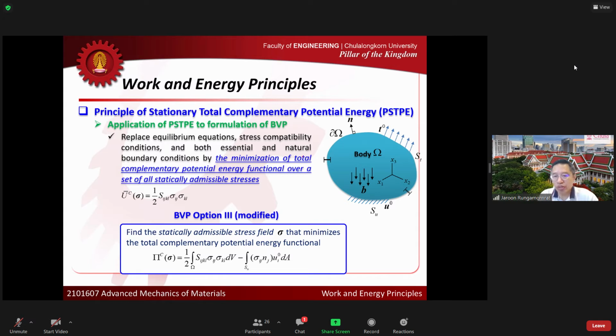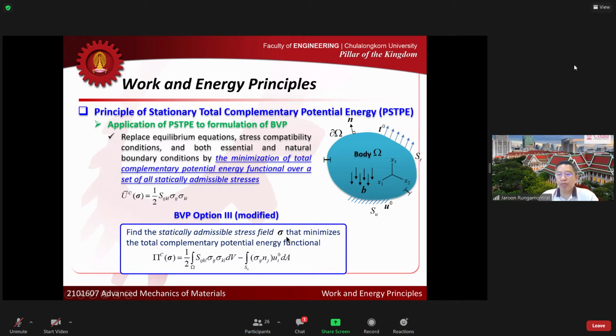I still choose stress as the key unknown, but the governing equations change to what we have here. So if you want to get the correct stress field of the given body, you just simply minimize pi c with respect to stress. And the set that you deal with here, stress has to be statically admissible.